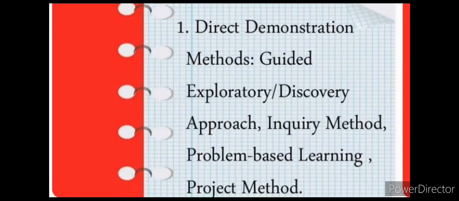The first one is the direct demonstration method. It is direct instruction, a way of teaching which aims at helping students acquire some basic skills and procedural knowledge. It is straightforward and is done in a step-by-step manner. The emphasis is on how they execute the steps of the entire procedure.